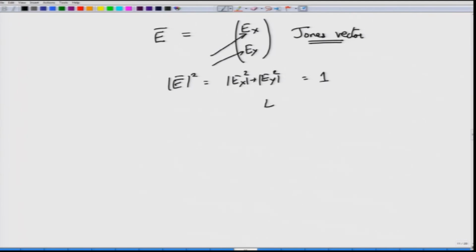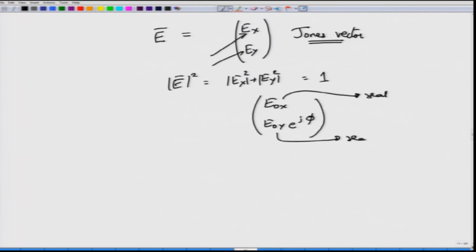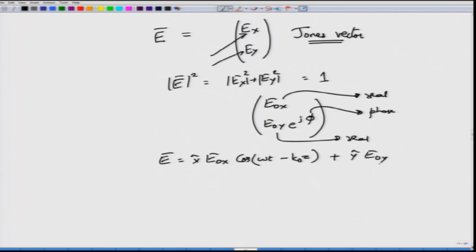So, you can write this as E 0 x, E 0 y e power j phi, where you can consider E 0 x to be real, E 0 y to be also real, and all the complex thing comes by having e power j phi. So, this phi is called the phase difference. It is possible for you to write something like this, and then the electric field would be given by E 0 x cosine omega t minus k 0 z along the x axis, and then you have the y axis field which is E 0 y cosine omega t minus k 0 z plus phi, and this phi controls what type of polarization we have.